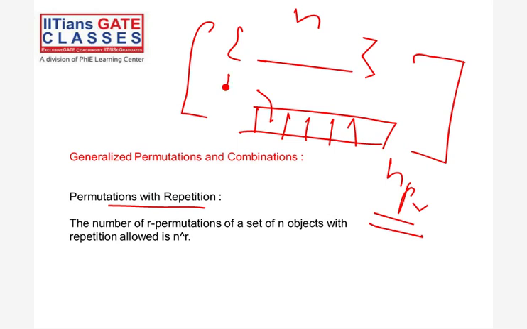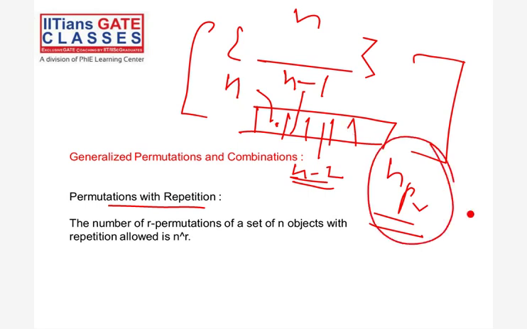So we could put any of these n elements here, but once we put some element here, we cannot repeat it. Hence we only have n minus 1 ways to put an element next, then n minus 2 ways, and so on. That's why we were getting nPr.